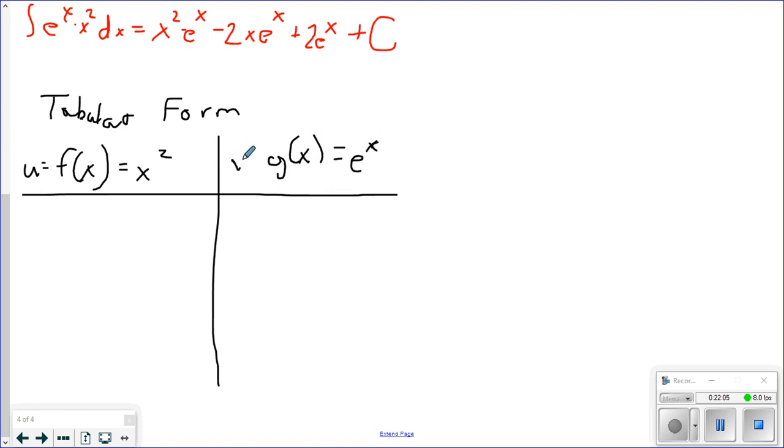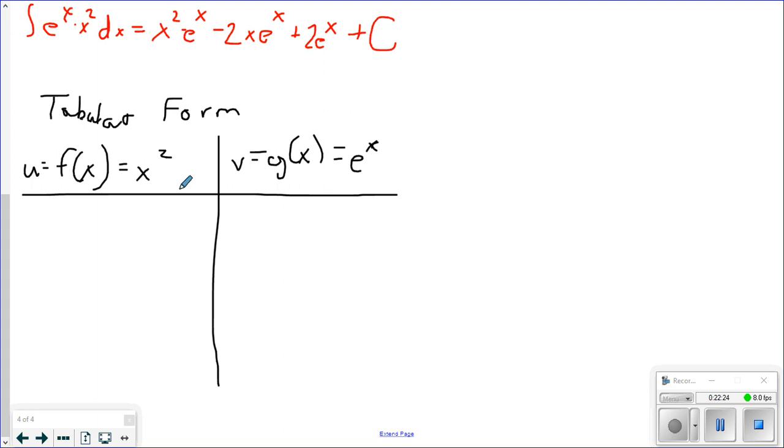That's going to be v, right? It's the integral of your dv. All right, so when would you use the tabular form? You're going to use this method when you see that your dv piece that you choose is going to have some sort of repetition for the antiderivative.